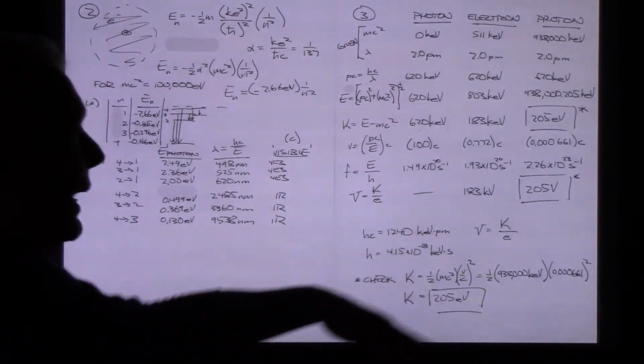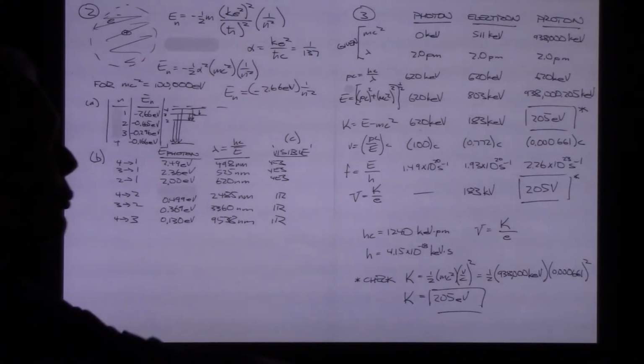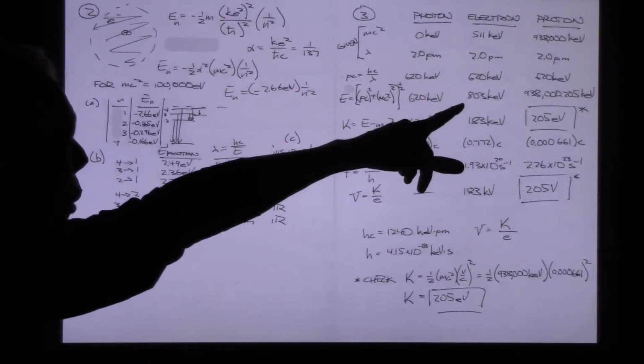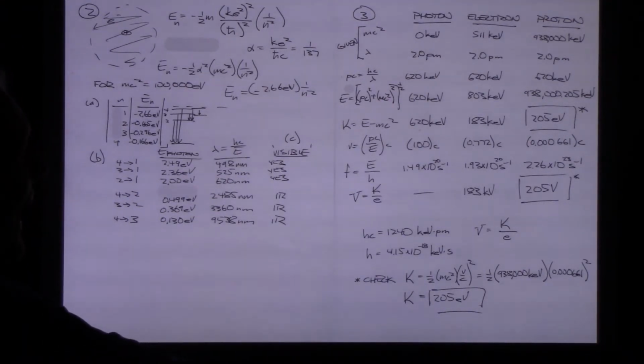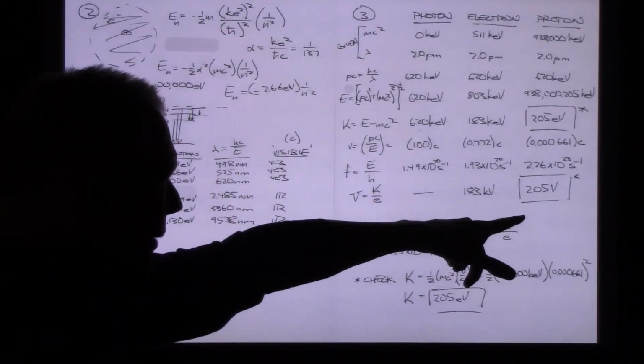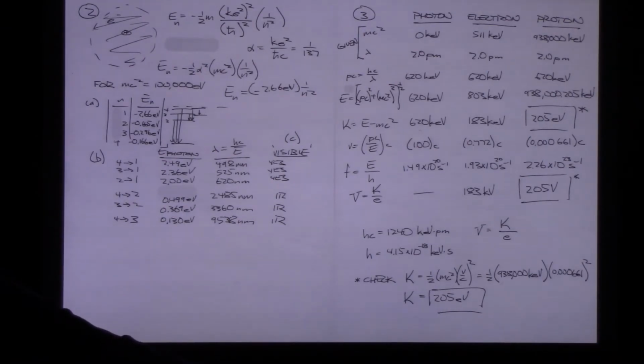For the proton, I just need 205 volts. That's it. 205 volts is all I'm going to need to bring the proton up to enough momentum such that it has a wavelength of 2 picometers. That did not take so many volts, 205. The electron's taking 183,000 volts to do the same thing.